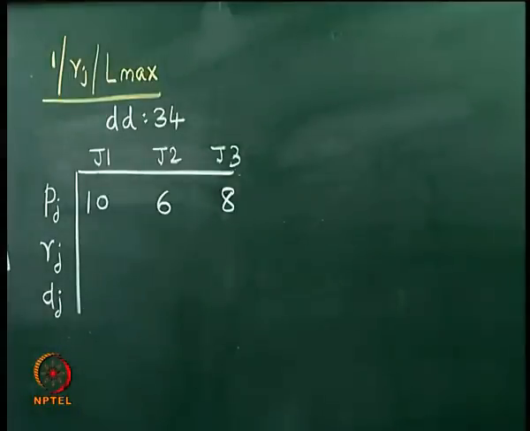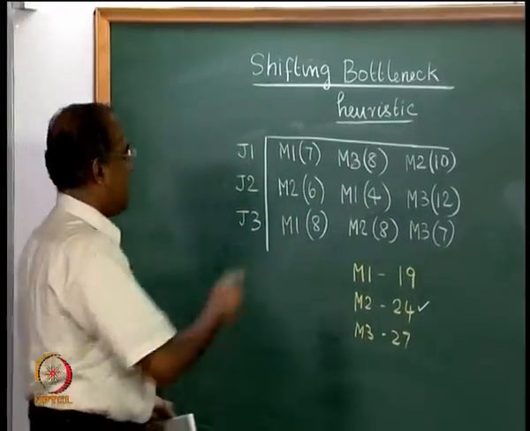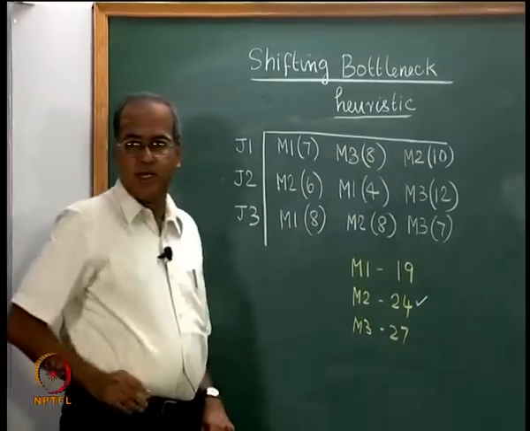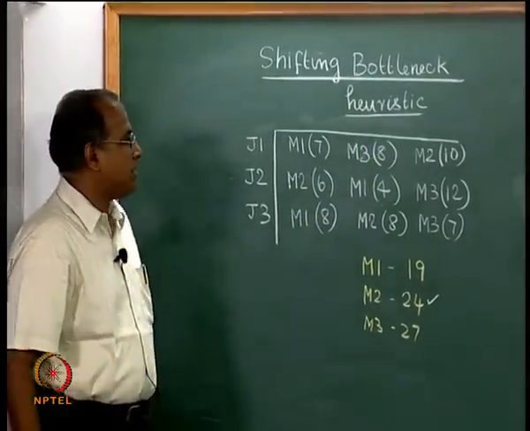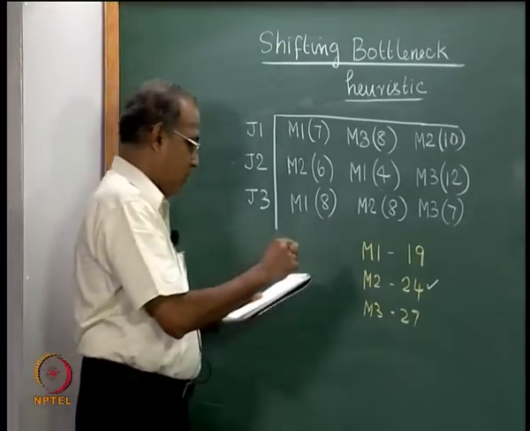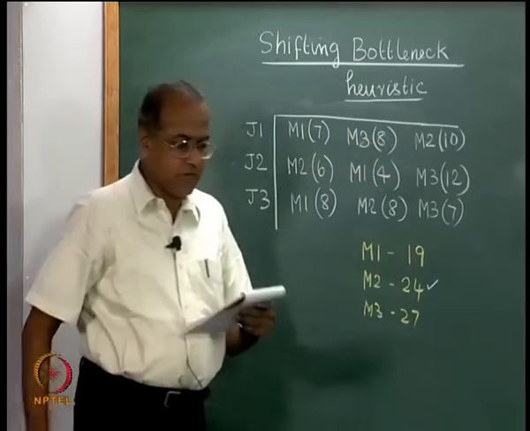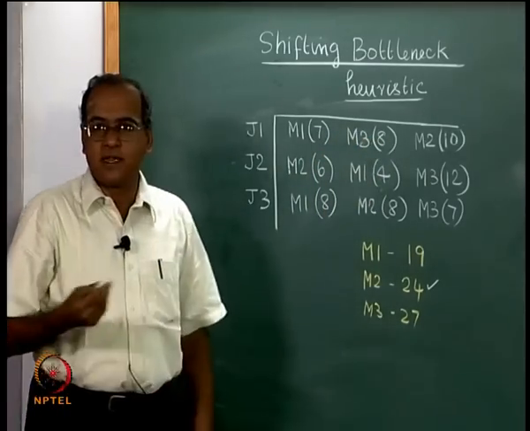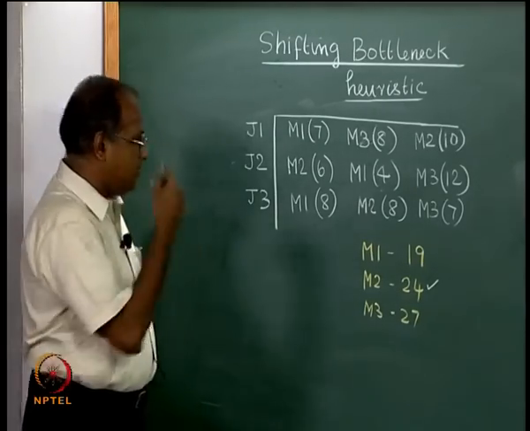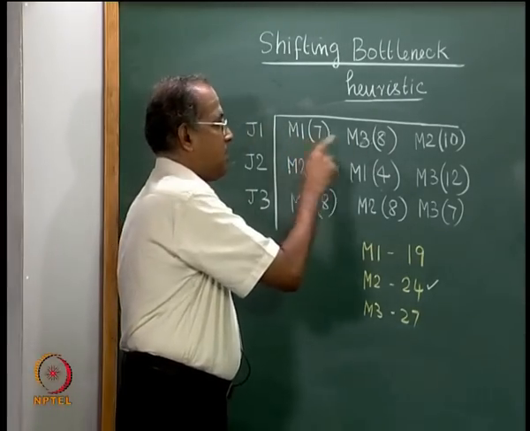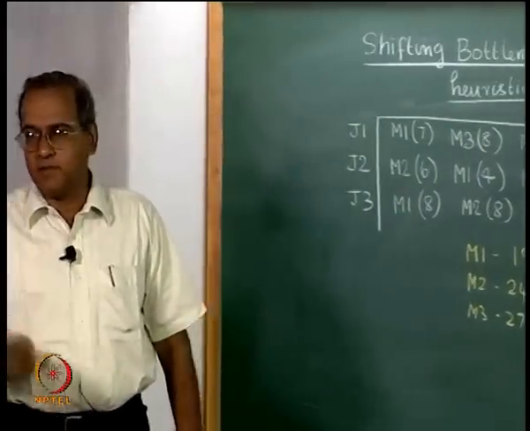Now if we look at M2 and J1, J1 on M2 is the third operation. So the earliest J1 is available on M2 is 7 plus 8, 15, because J1 has to finish processing on M1 and M3, and the earliest it can be available is 7 plus 8.